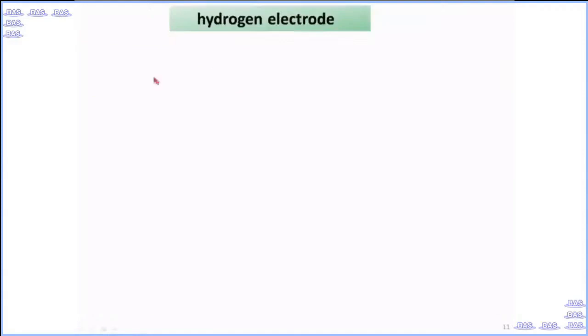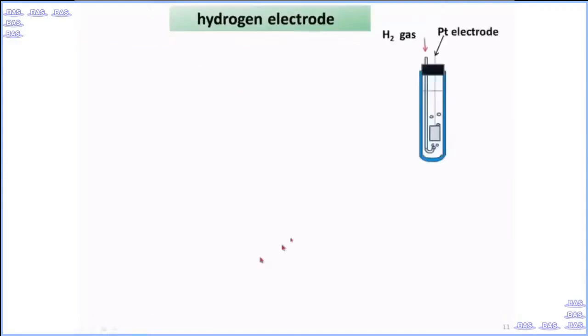About the hydrogen electrode, it's this schematic presentation. This is hydrogen gas and a platinum electrode; the redox reaction occurs on the surface of the platinum electrode, and the potential is defined constantly.